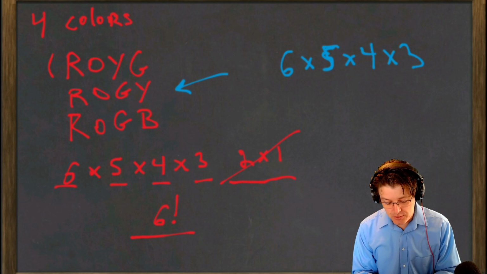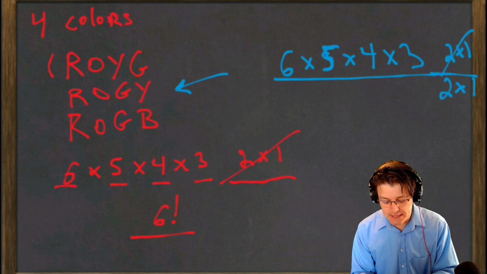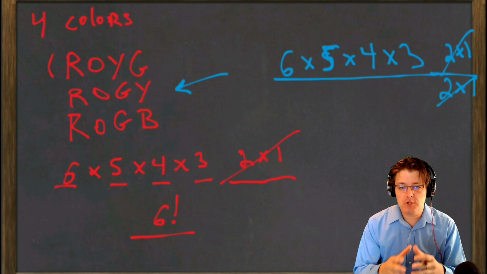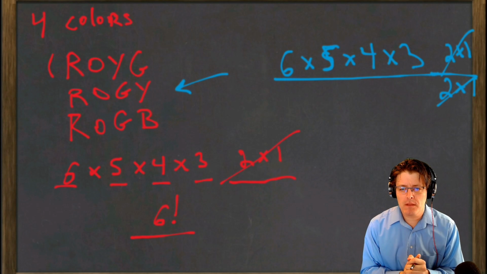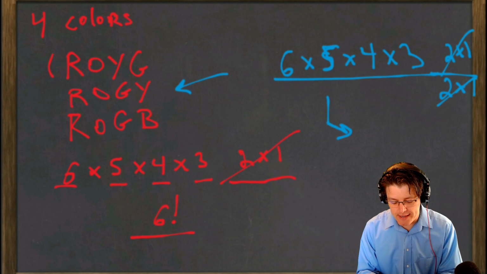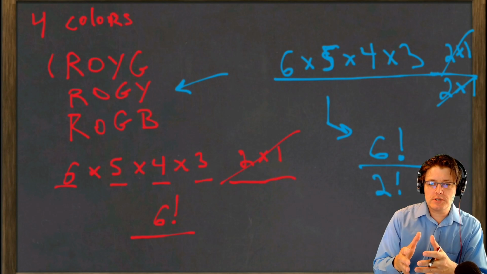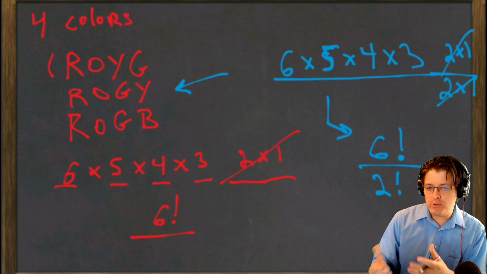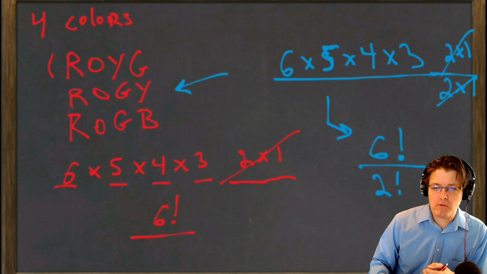So how do we do this? Well, we make this into a fraction, and let's multiply by 2 times 1 and also divide by 2 times 1. Right? Because these are going to cancel. So mathematically, all we're doing is multiplying and dividing by the same thing. And so this can lead us to easily write this down as 6 factorial over 2 factorial. Here again, much of what we're trying to do with these formulas is have them in an easily generalizable form.